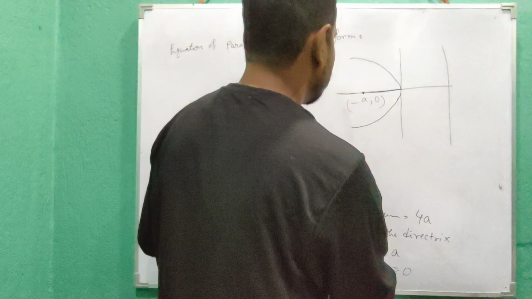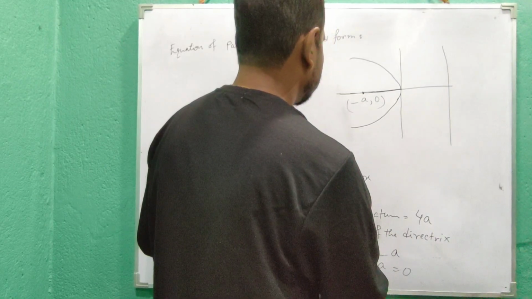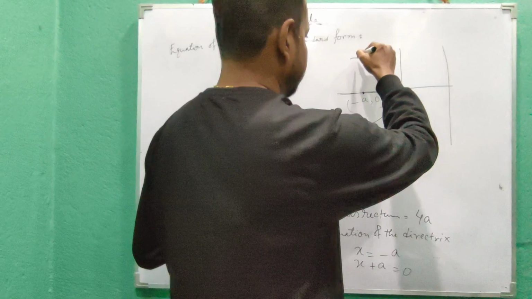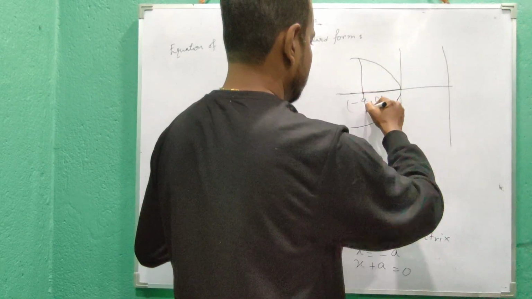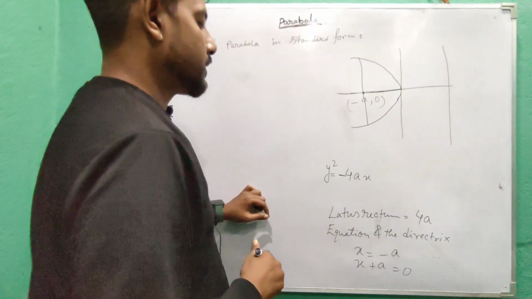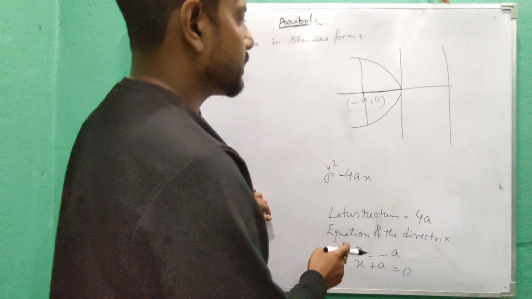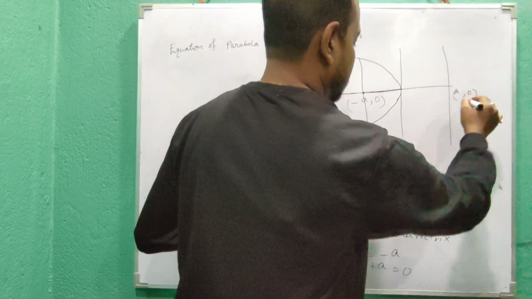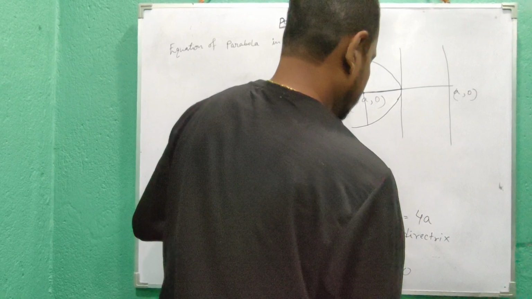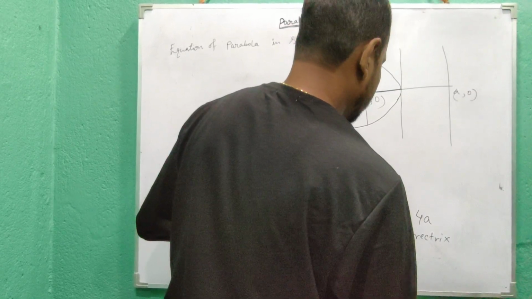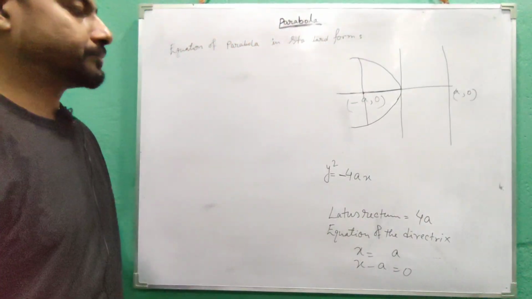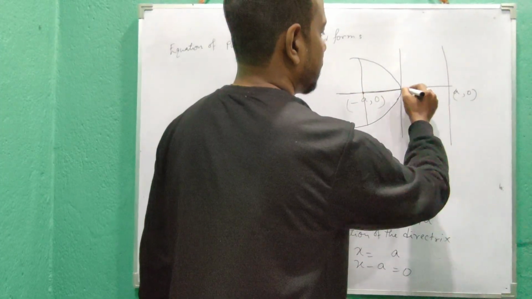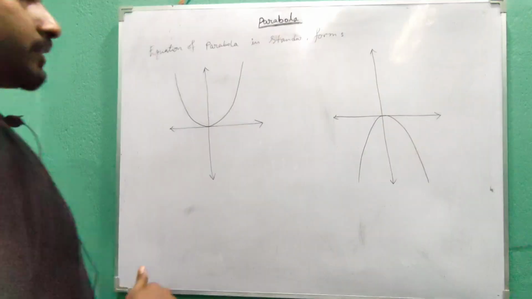The length of the latus rectum will be 4a, because length does not change. The equation of the directrix will be x equal to a, so x minus a equal to 0, and the vertex is 0, 0.